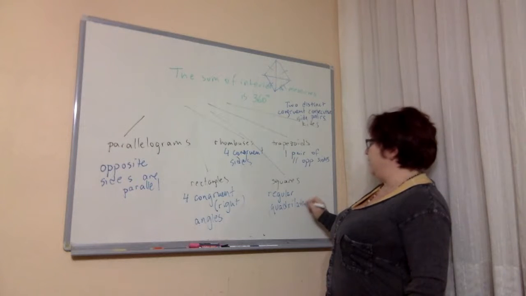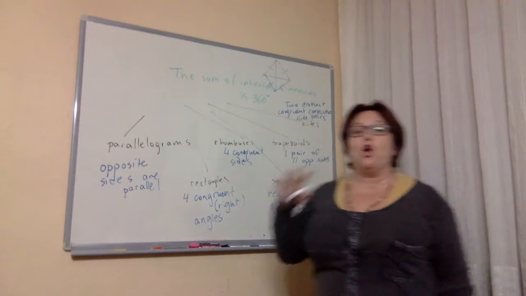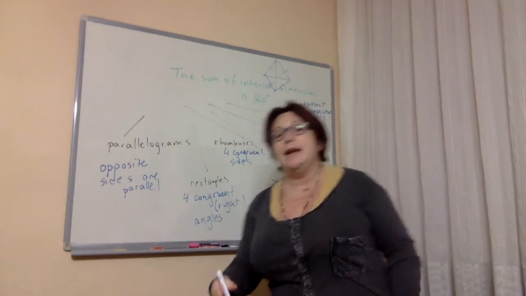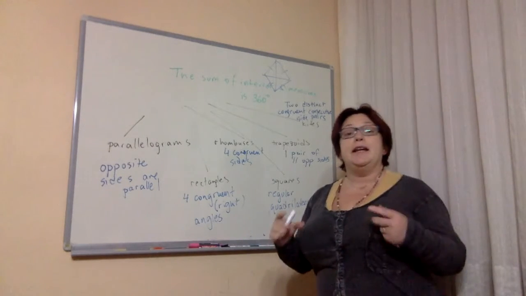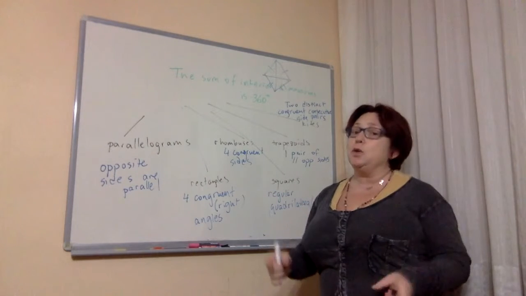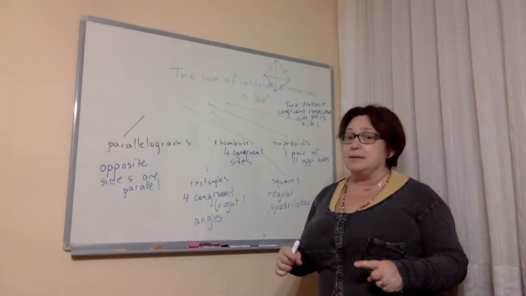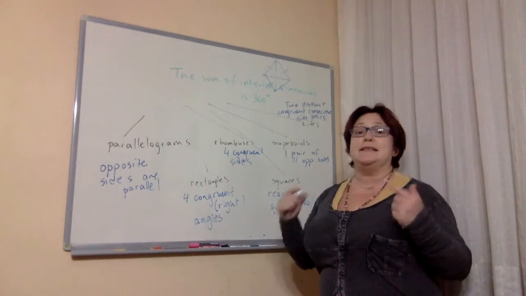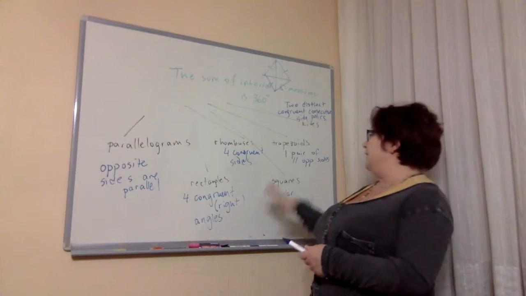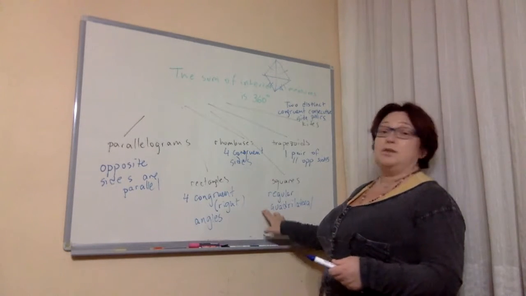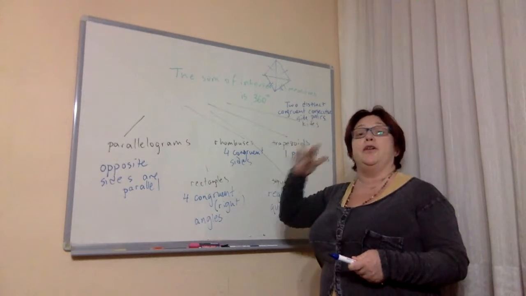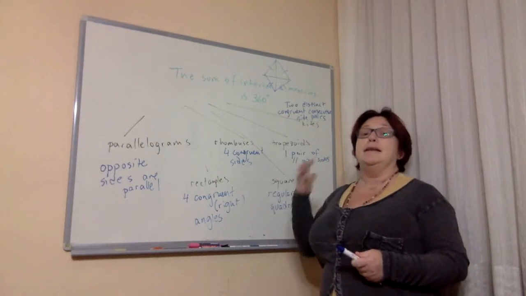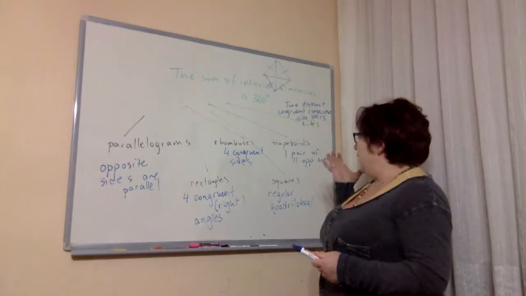Now, what's a regular polygon? It's got all angles congruent, and it's also got all sides congruent. In a triangle, congruent angles implies congruent sides, but not in a quadrilateral or any polygon with a higher number of sides than 3.